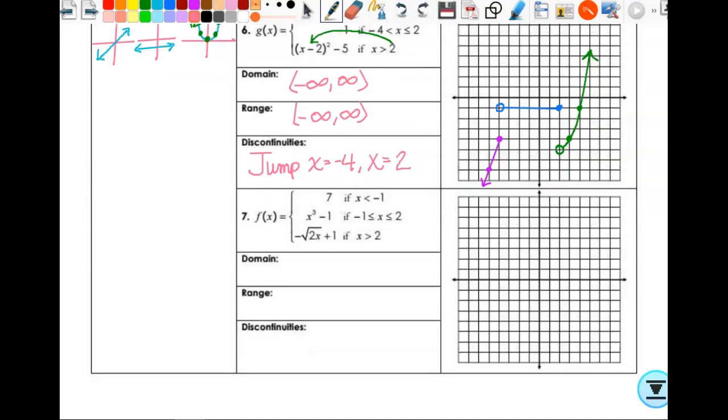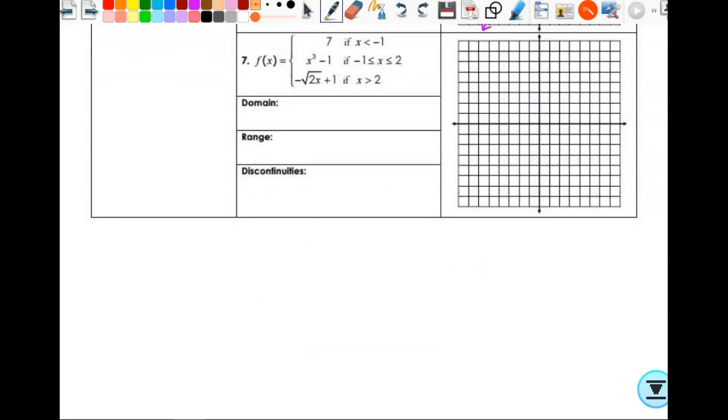All right, last one. I have 3 subfunctions again. So I've got y equals 7, which is a horizontal line. I've got a cubic, and I've got a square root.